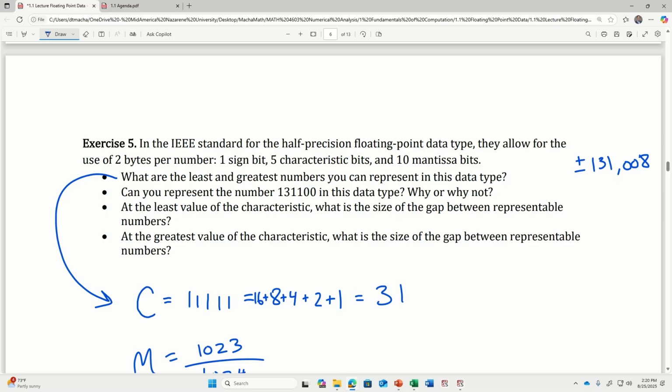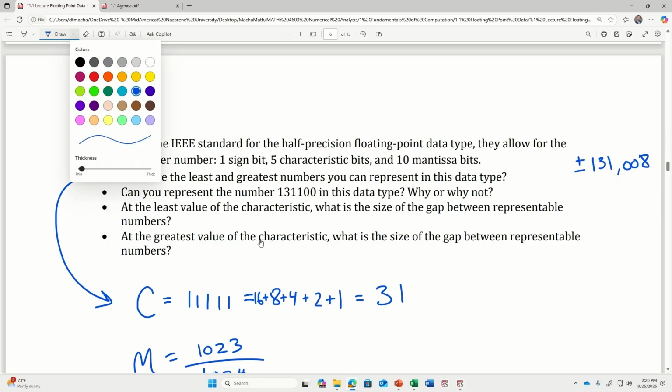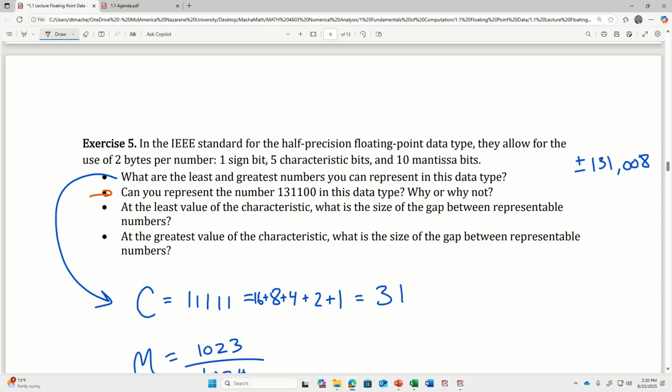Let me ask you another question. Because you're right, that's definitely bigger than the biggest number we can make. What about if I instead asked you about this number, 131,000? Can we represent that number? We got one vote for yes. Colin says yes. Anybody else?